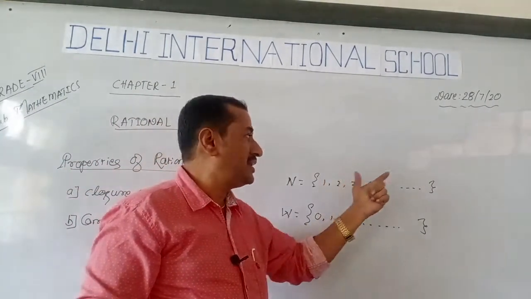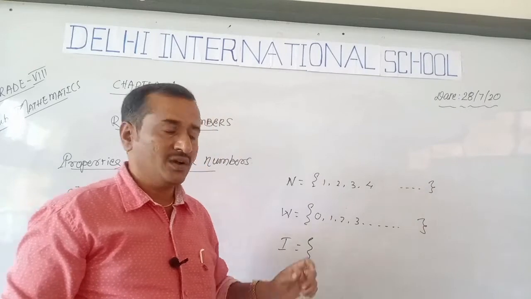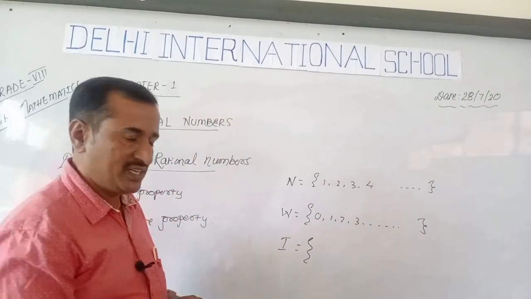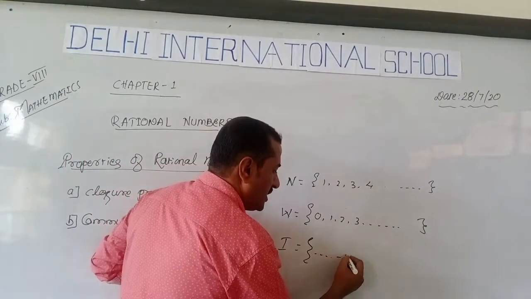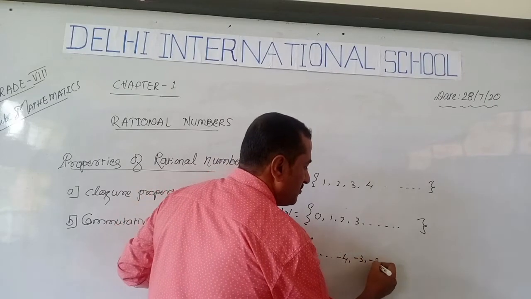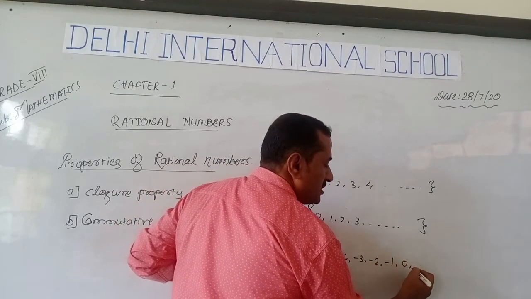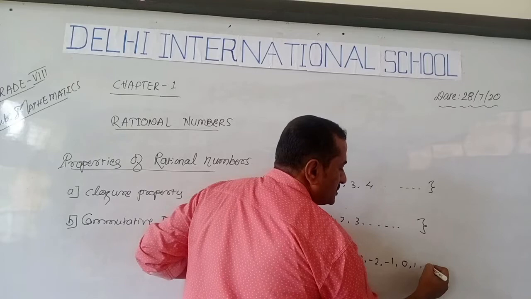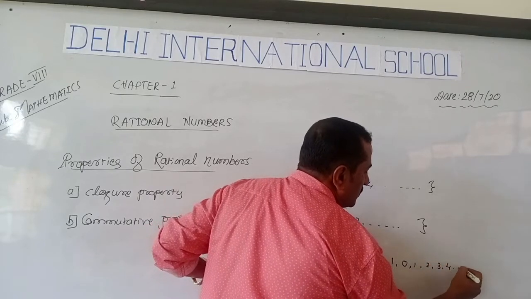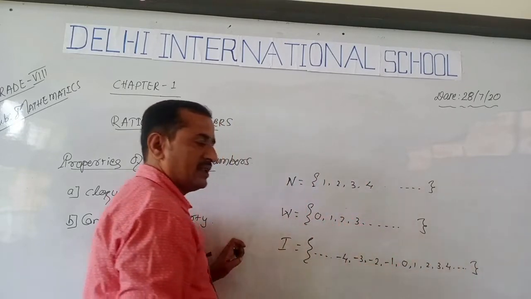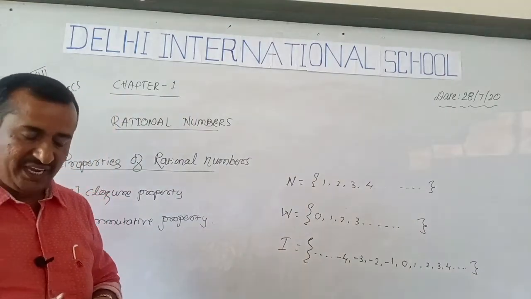So negative numbers also form the set of integers. That is, -4, -3, -2, -1, 0, +1, 2, 3, 4 and so on forms the set of integers.